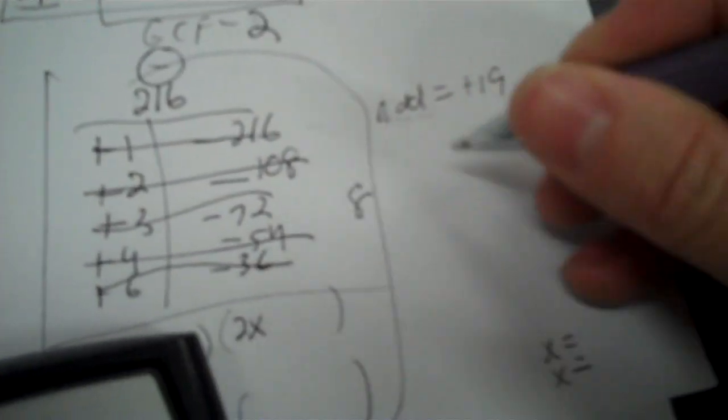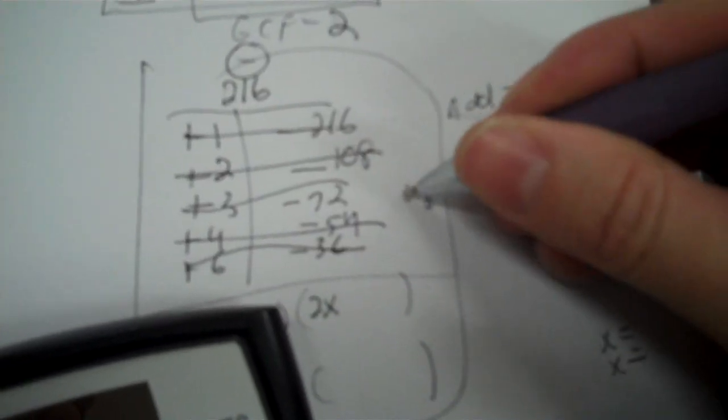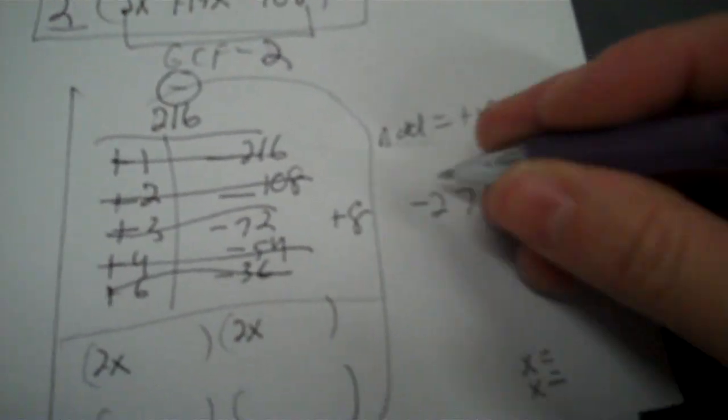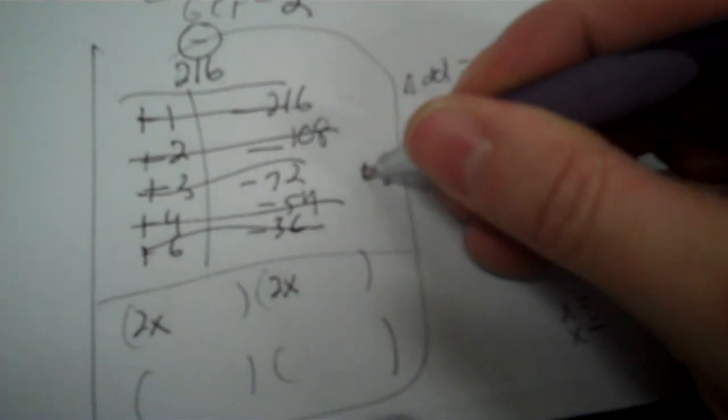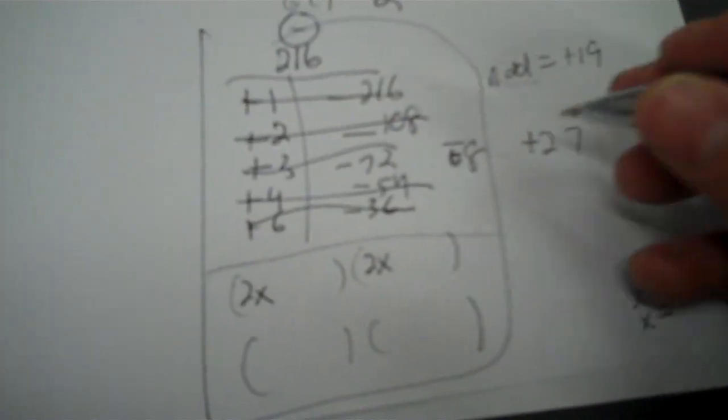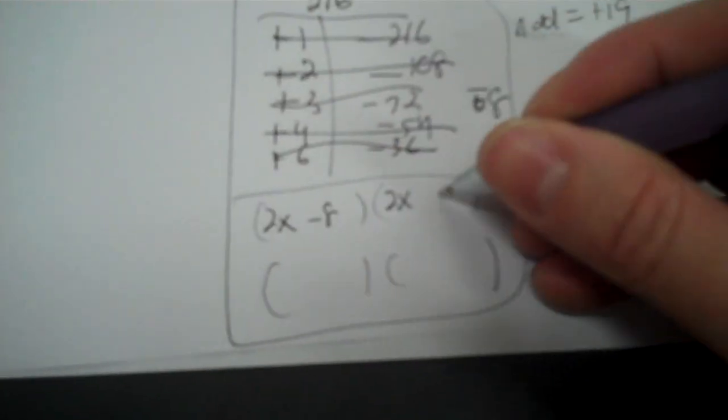Let's divide that by 7. Doesn't work. Divide by 8. 27. Remember, positive, negative. I add those, I get negative 19. I need positive 19 though. So make that plus, make that negative, now add them. 19, got it. So I put minus 8 plus 27.